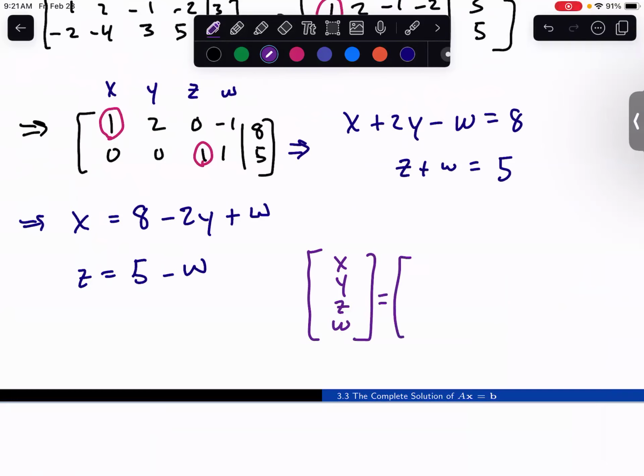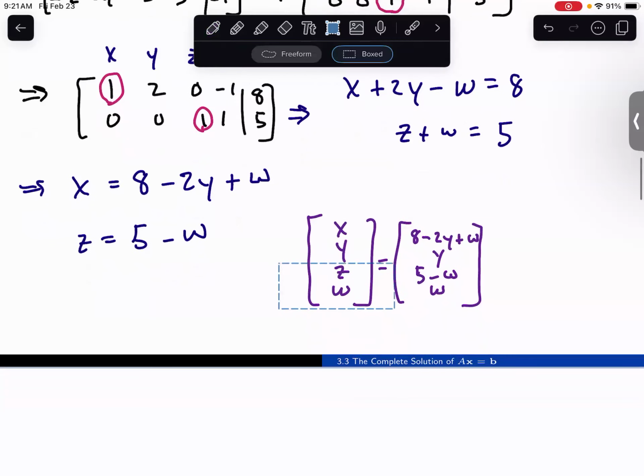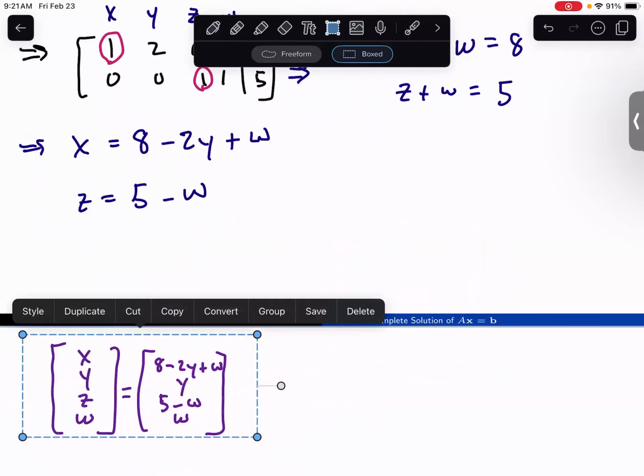And so we can write everything in terms of y and w, the free variables. So we have x was equal to 8 minus 2y plus w. We had y is just equal to y. z was equal to 5 minus w. And then w is just equal to w. I'm going to move this down here.